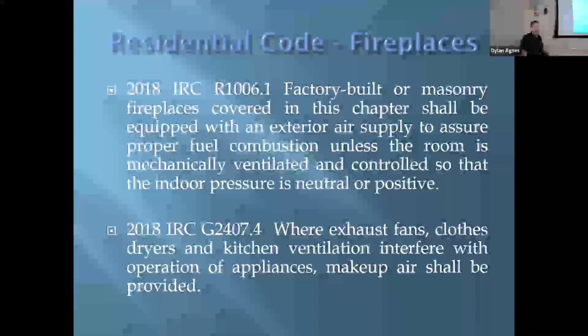There's a section that very deliberately says if your kitchen exhaust pulls more than 400 CFM, you have to provide makeup air, and it gives you a set of circumstances for how it has to be located, installed, and controlled. But this is saying something much more general: if this stuff interferes, you have to provide makeup air. And so it's very subjective.